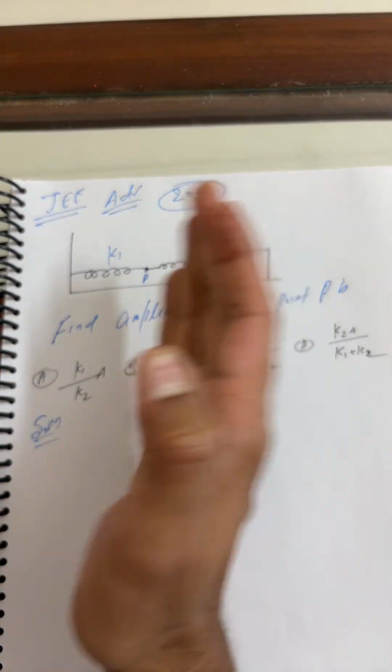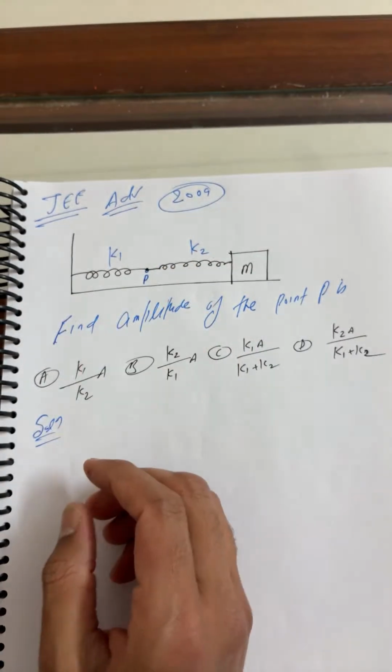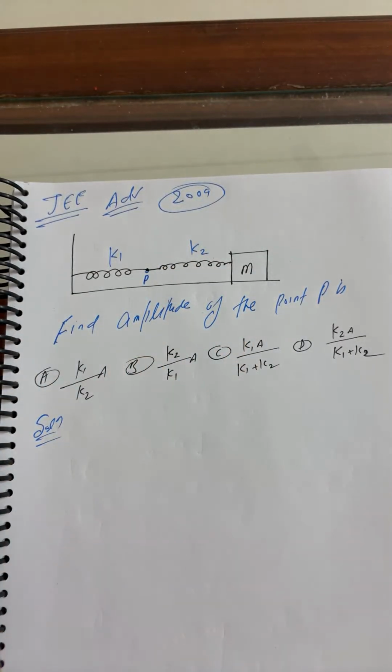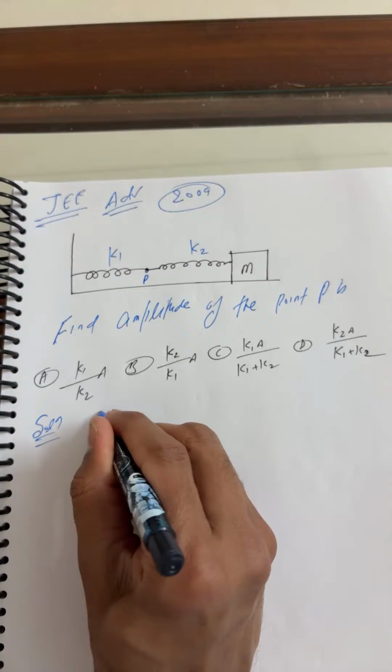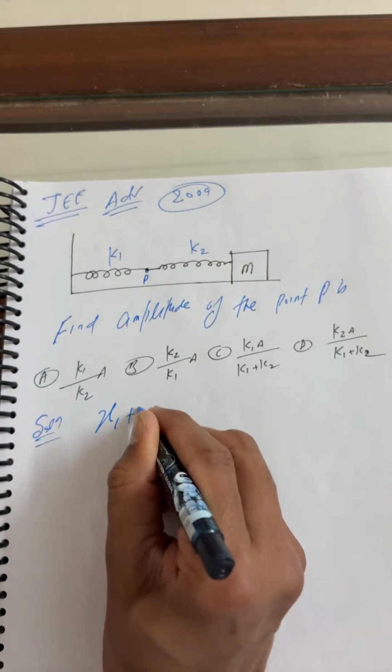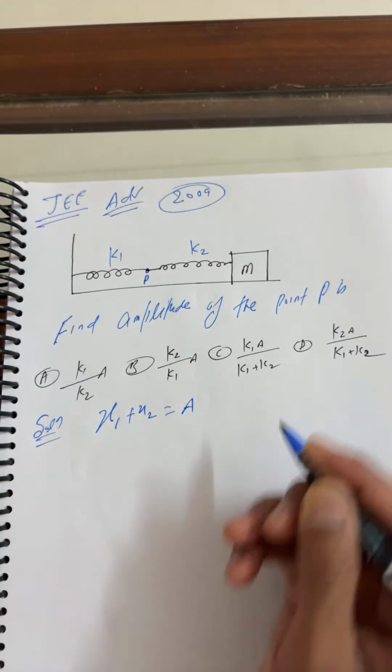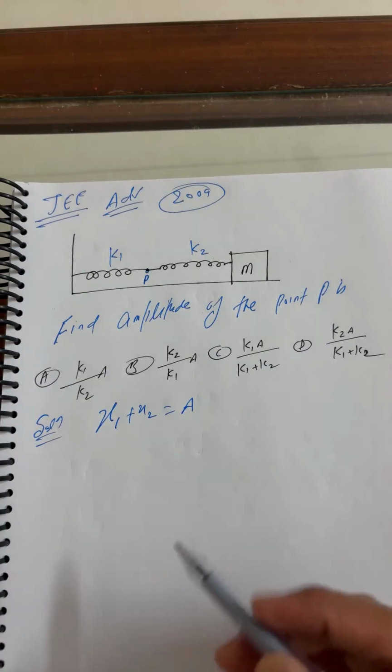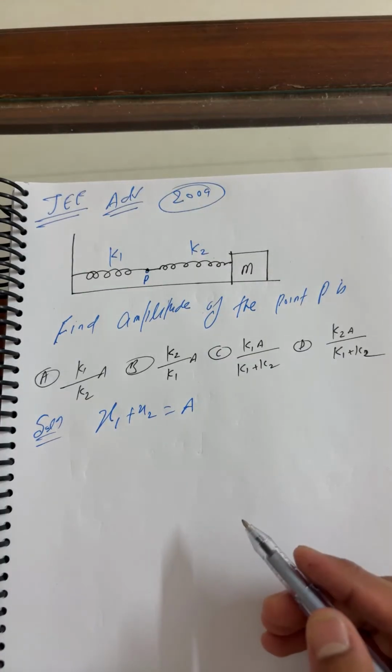So K1 compresses X1 and K2 compresses X2. The entire amplitude is x1 plus x2, which is equal to A.